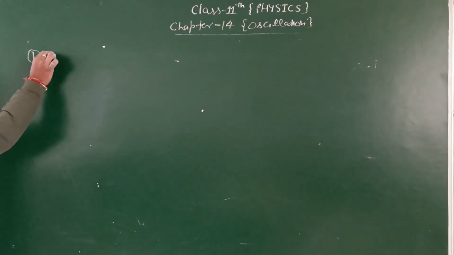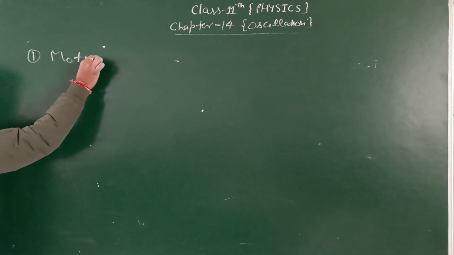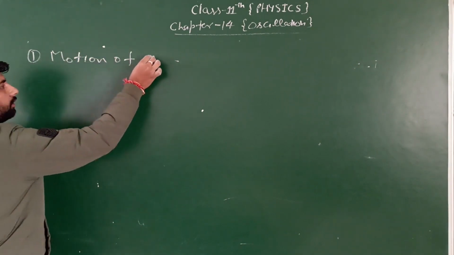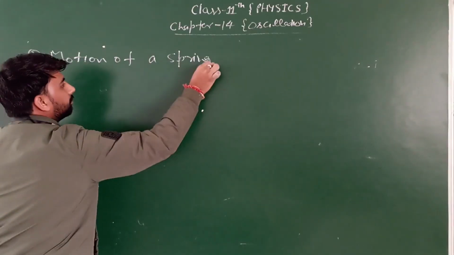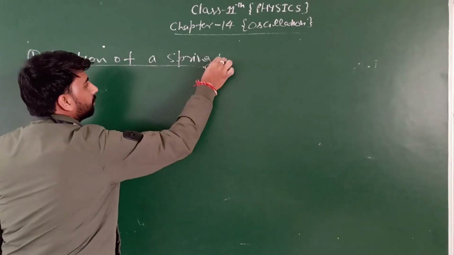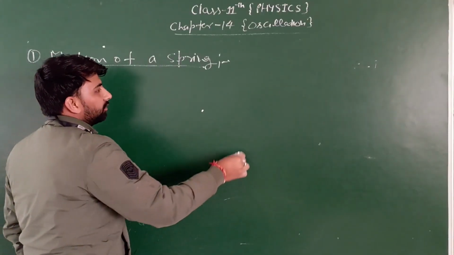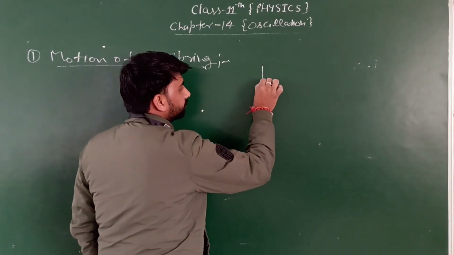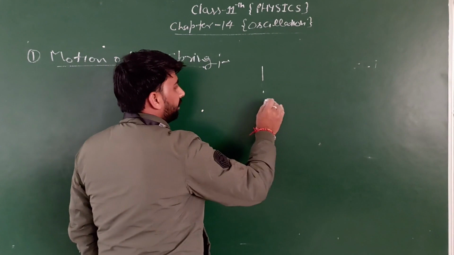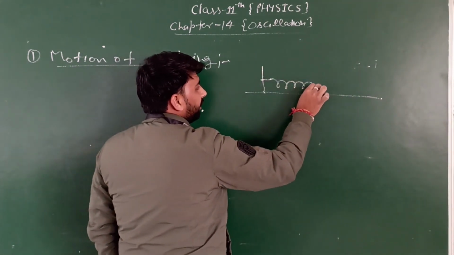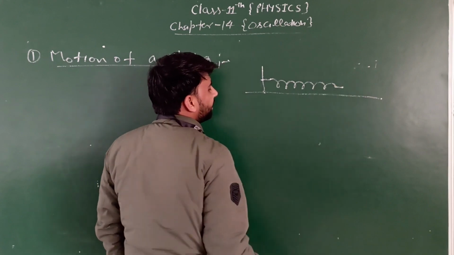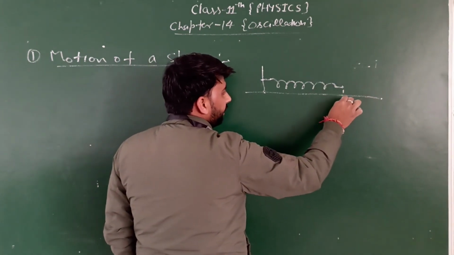So first is the motion of a spring. For this, let us consider a smooth surface on which a massless spring is in equilibrium position.